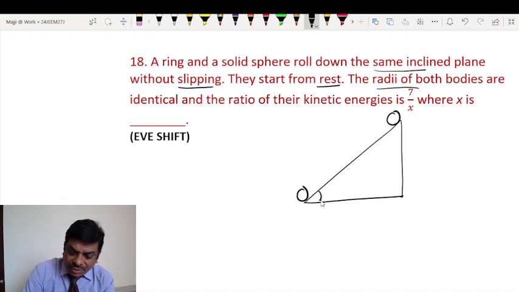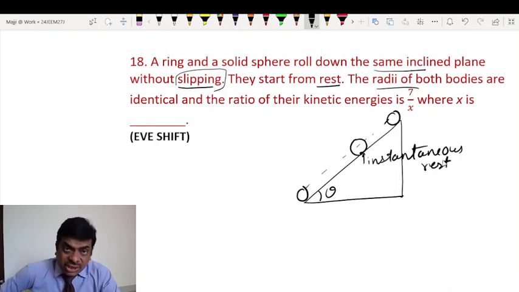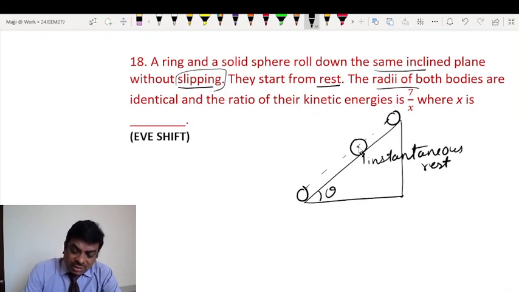When a body is rolling without slipping, the point of contact of the body with the inclined plane is at instantaneous rest. That means no work is done against the friction. So in other words, there is no energy loss as it moves from top to bottom.